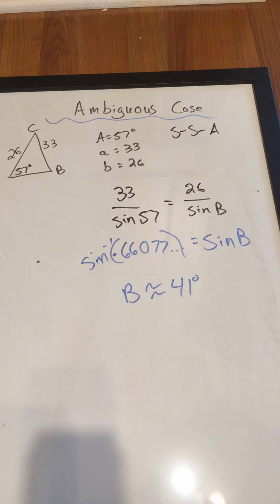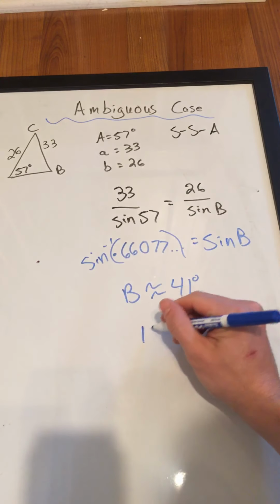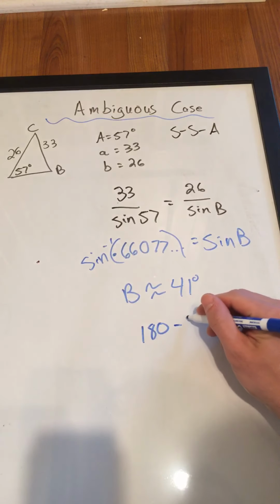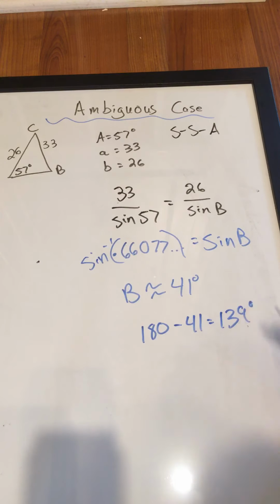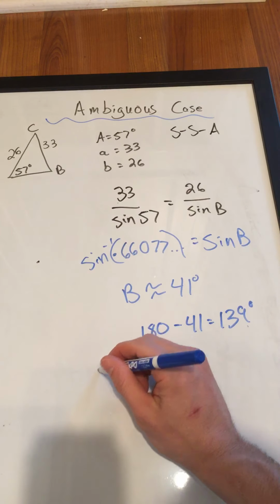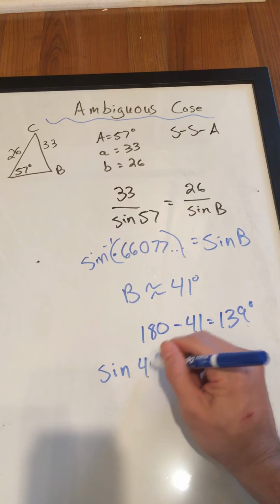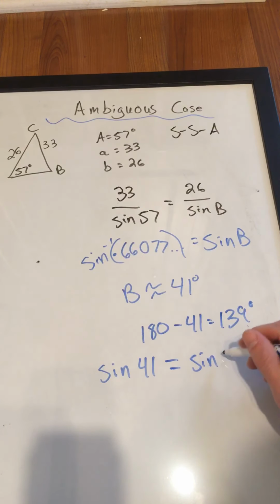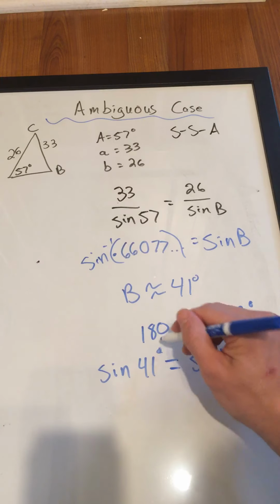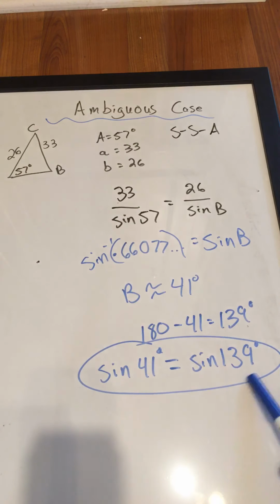The other angle with this same sine ratio is 180 minus 41, which equals 139. Because we're rounding, it'll be slightly different, but I invite you to check this out. The sine of 41 is about equal to the sine of 139, since we did some rounding in this problem.